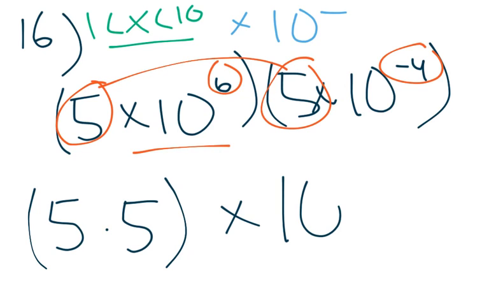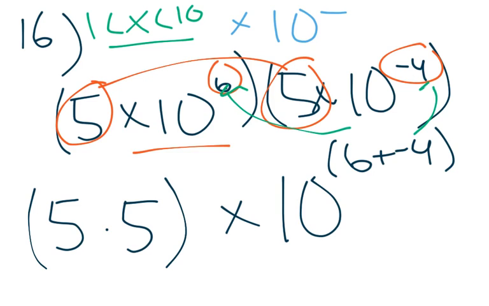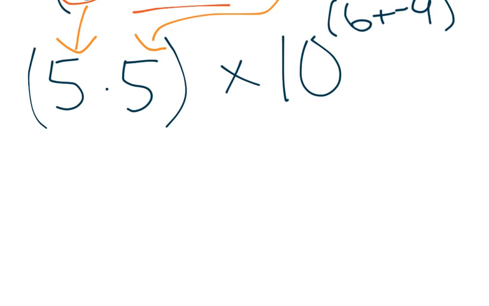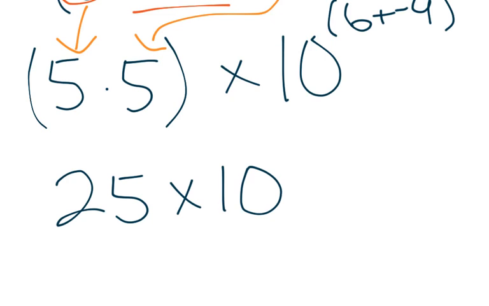times 10 to the 6 plus negative 4 power. Okay, and this comes from here, this comes from here, this comes from here, and this comes from here. So we have 25 times 10, and 6 plus negative 4 is the same as 6 minus 4.